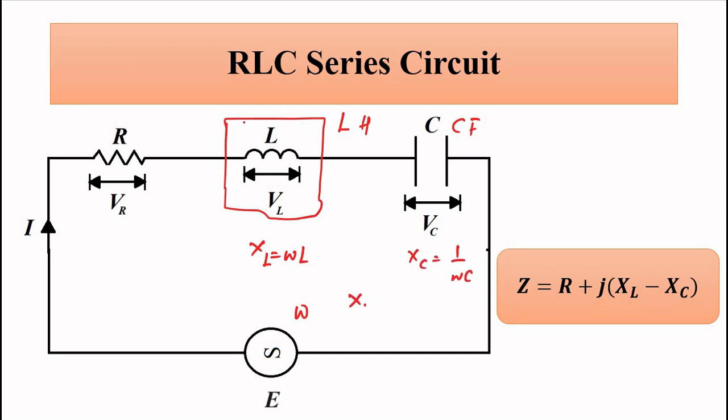Which one is greater than the other decides how the whole circuit will behave. If inductive reactance is greater than capacitive reactance, it will be RL. If capacitive reactance is greater than inductive reactance, it will be RC. This is the simple thing.